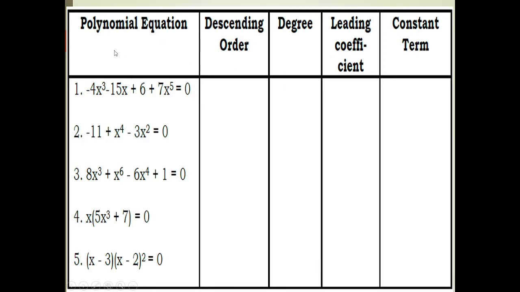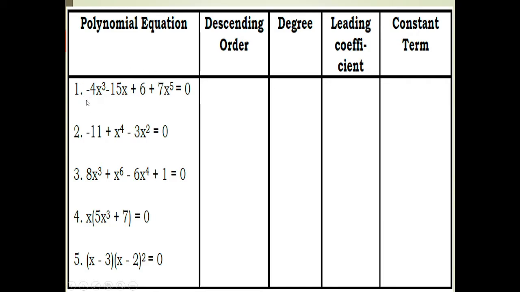Now, sige nga, let's explore more on the differences of this. So, syempre, kailangan para masolve natin yung polynomial equation, naka-descending order siya. Meaning to say, exponents are arranged from highest to lowest. So, degree, the highest exponent, the leading coefficient, ang coefficient ng leading term, ang constant term, the term without variable. So, tingnan natin sa number 1. Number 1 is not in descending order.